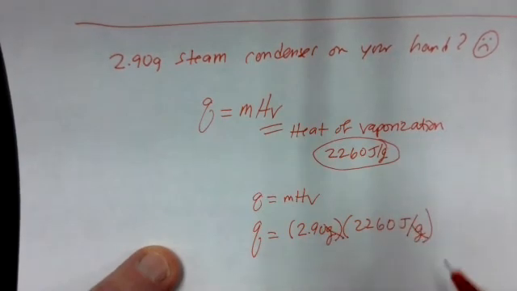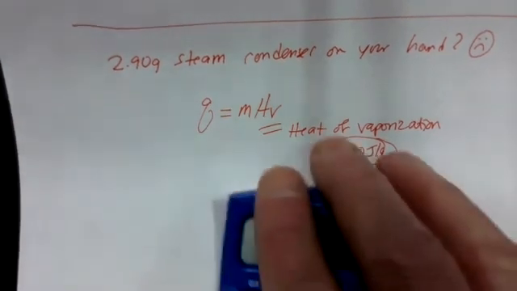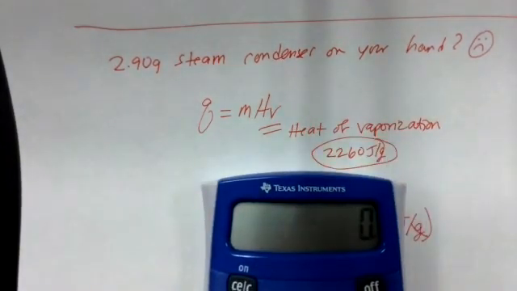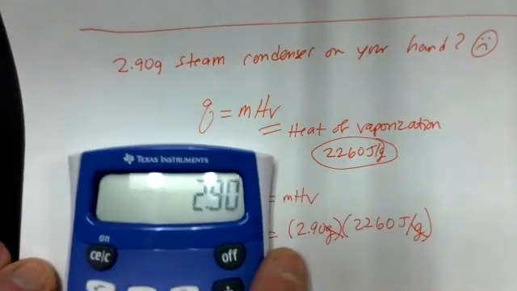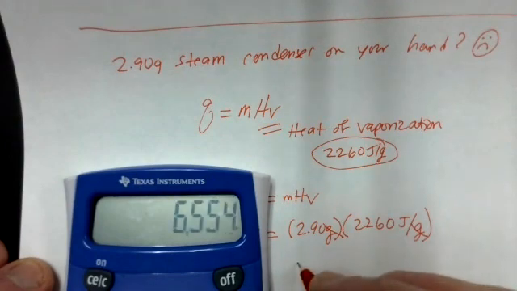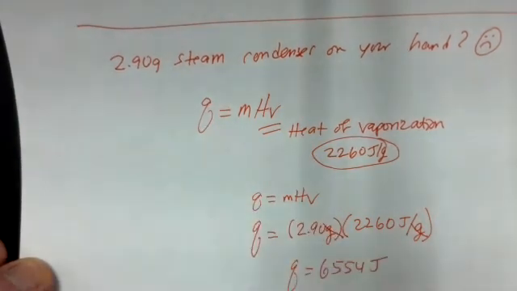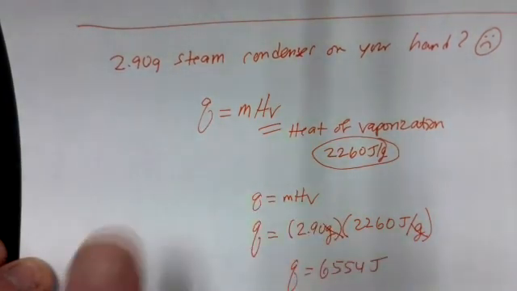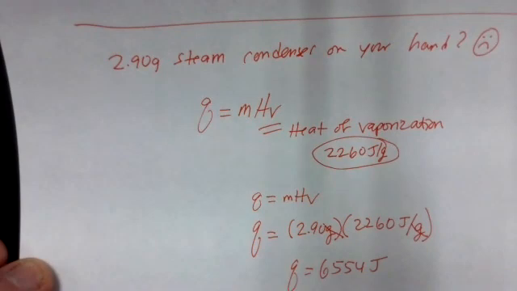The grams in the numerator and the denominator cancel, and we're going to do 2.90 times 2260, and the Q is going to equal 6554 joules. But we have to round this to 3 significant figures. There's only 3 significant figures here, so the answer is going to really be 6550 joules.